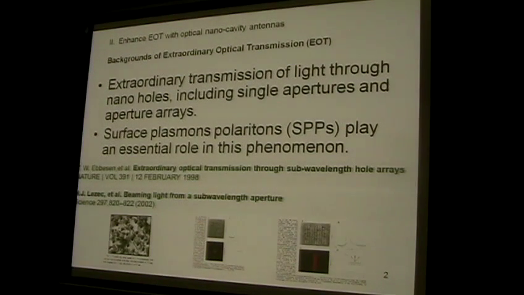First, let me just briefly introduce the well-known enhanced extraordinary optical transmission with a hole. If you have a nano hole, the light can penetrate for specific polarization. The light can penetrate through the hole, and the transmission can be pretty large.